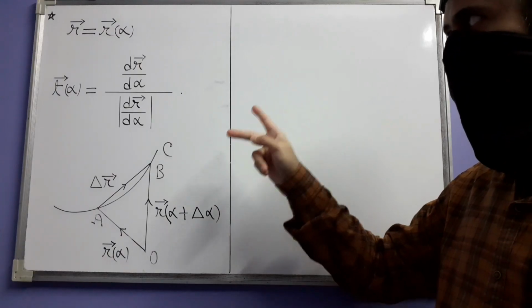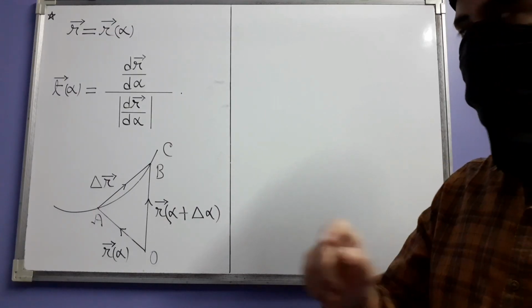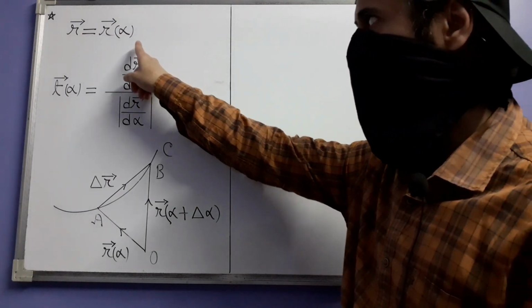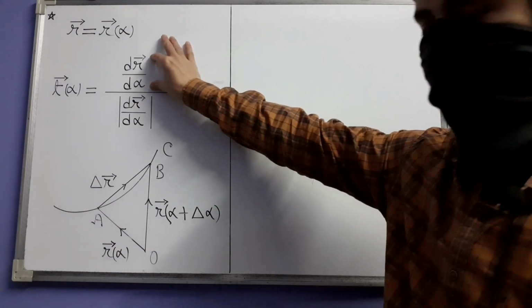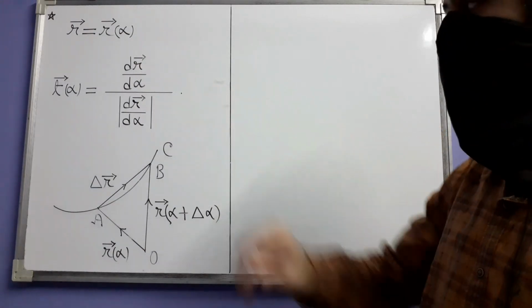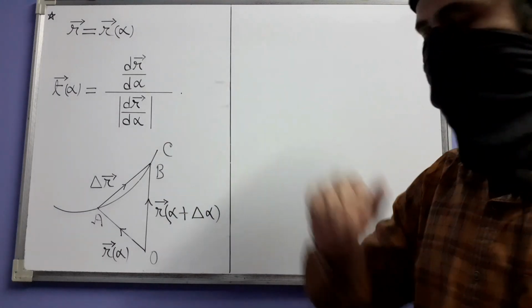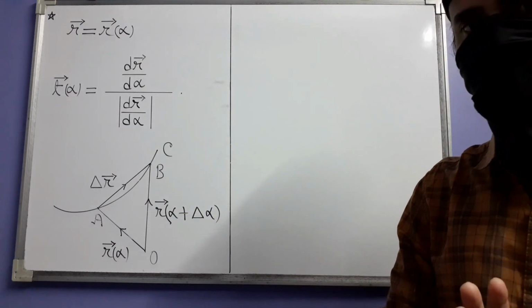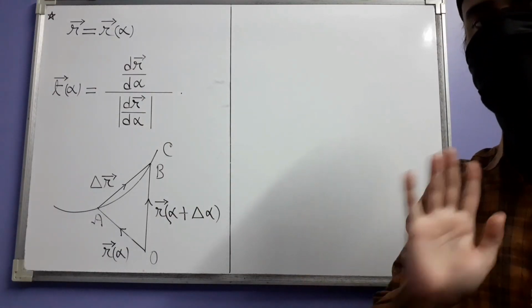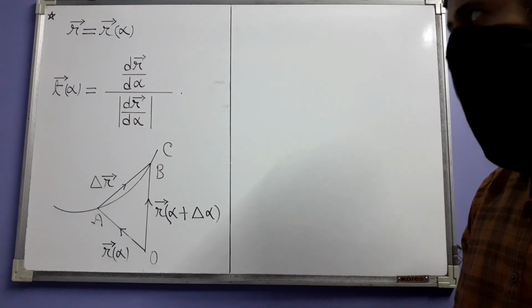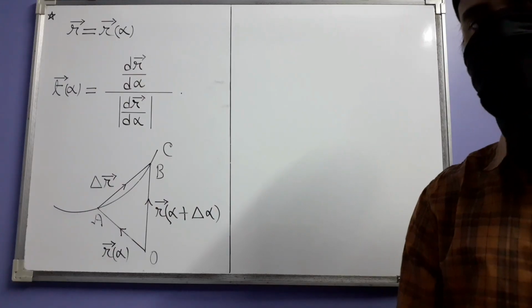So there are two conditions that must be satisfied here. The first thing is that the function has to be differentiable at that value of alpha so that the numerator vector exists, and the denominator scalar should be non-zero, and for that the numerator vector should itself not be the zero vector. Alright, so this was the general setup.